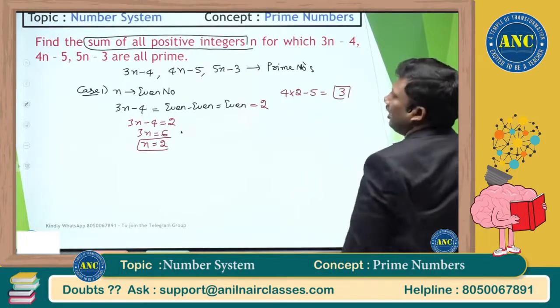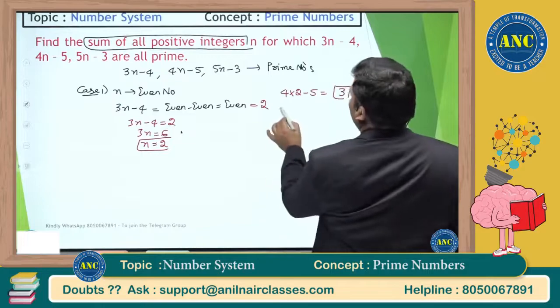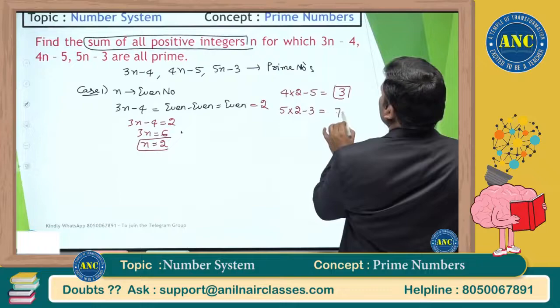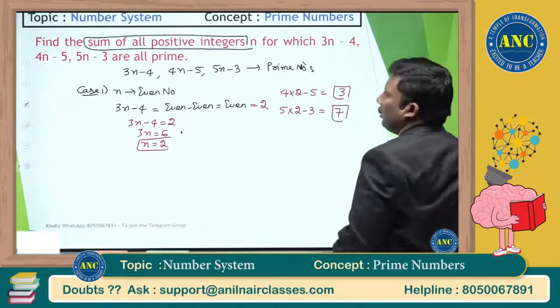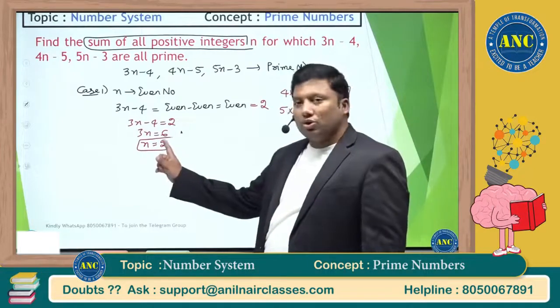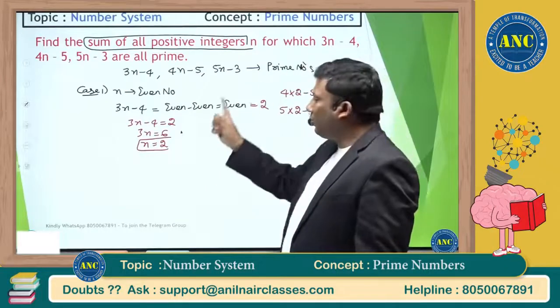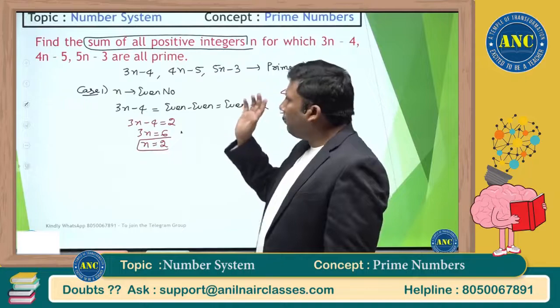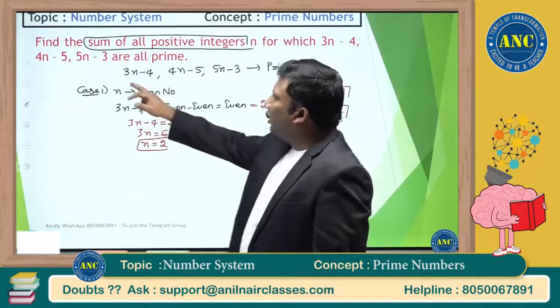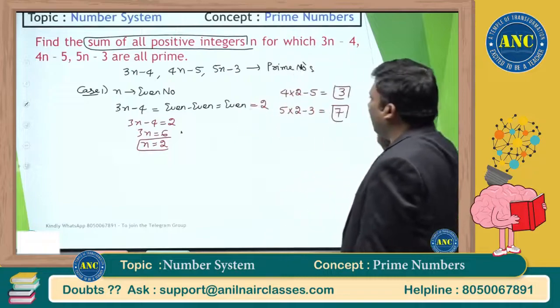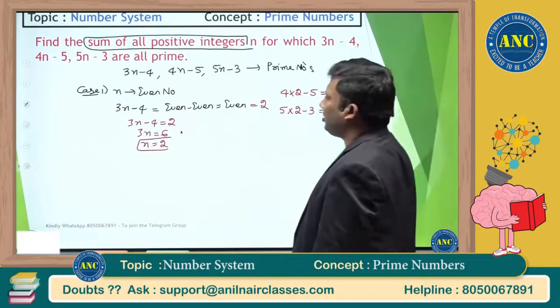Yes, 4n minus 5 is a prime number. 5 times 2 minus 3 is 10 minus 3, which is 7, a prime number. So n equals 2 makes 3 times 2 minus 4 equal to 2, prime; 4n minus 5 equal to 3; and 5n minus 3 equal to 7.